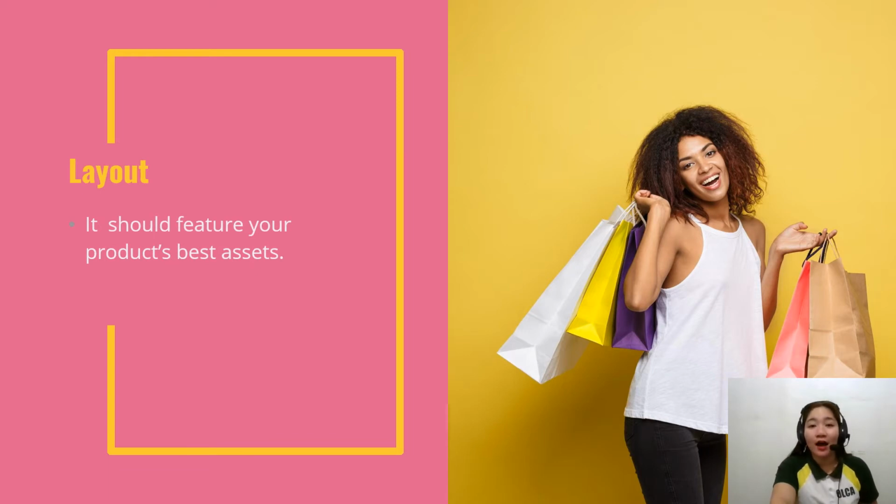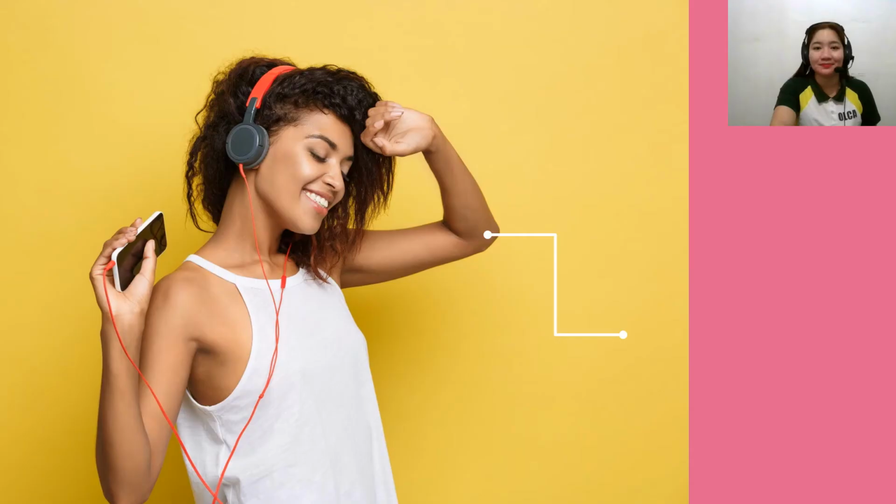So the layout of your design will serve as the frame or backbone of your ad. Okay? So the goal of advertising is to get some people to do some type of action. So how the elements of an ad design are placed in the page will help accomplish this.